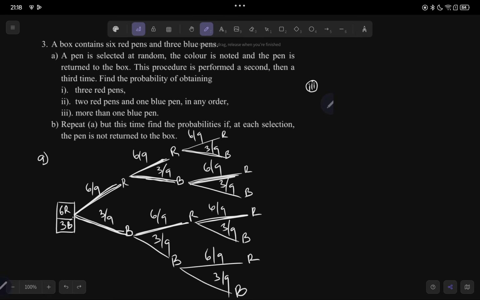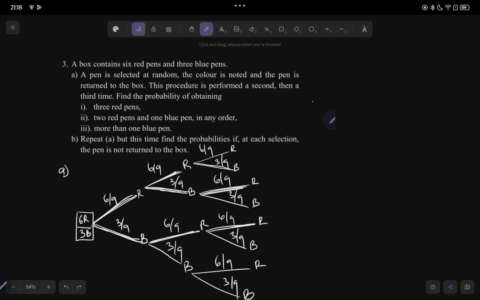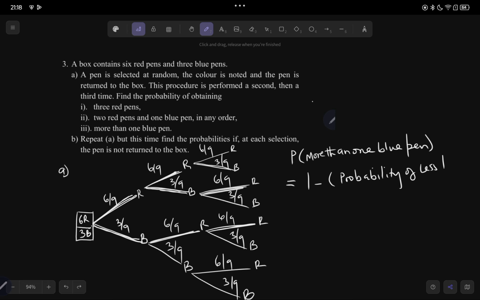So the probability of more than 1 blue pen is equal to 1 minus the probability of less than 2 blue pens.